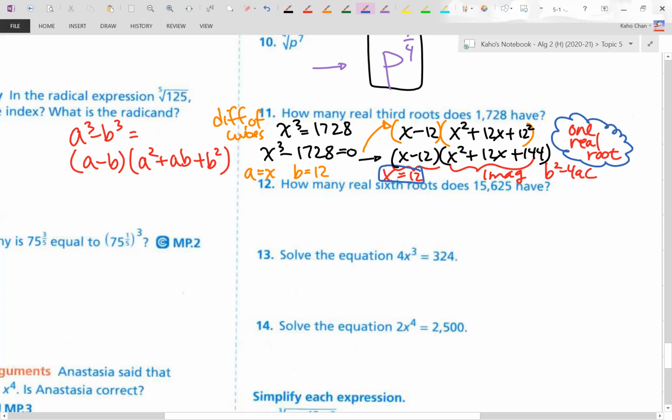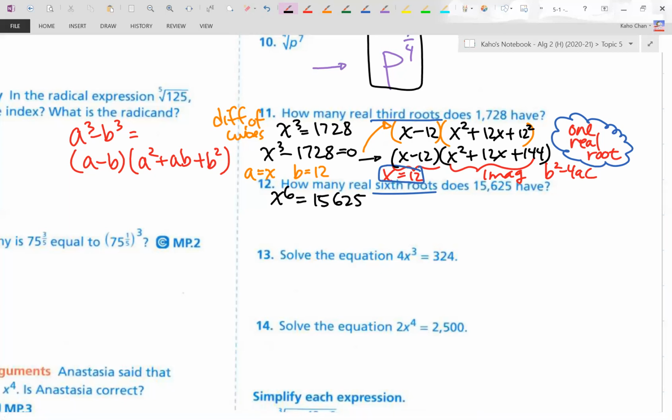Number 12, speaking of, how many real 6th roots? Holy cow. We just did third roots. We're now doing 6th roots. Let's do that equation. This is turning out to be pretty crazy. This one especially.